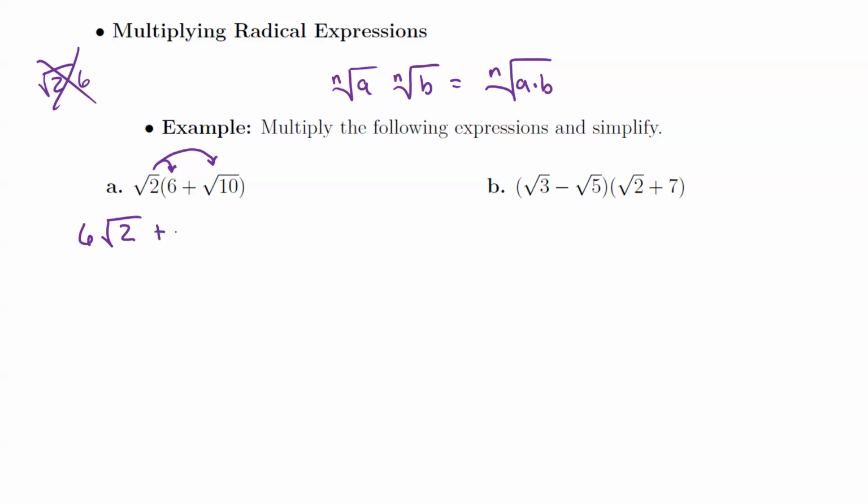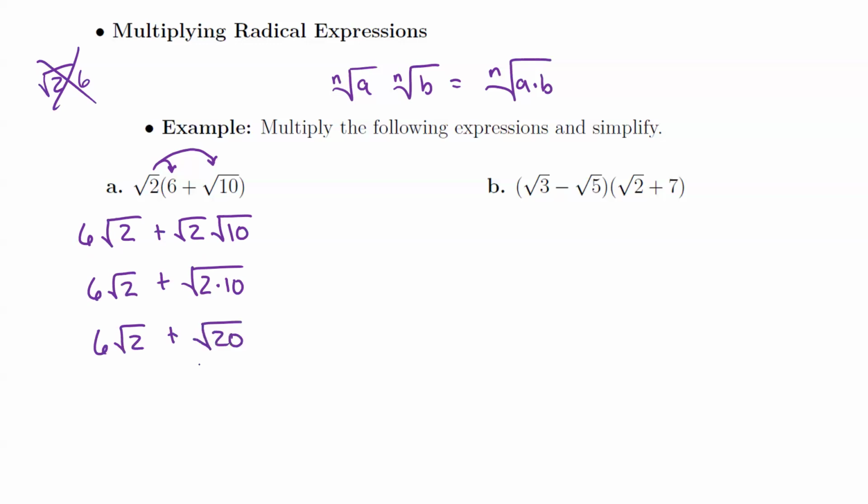And then square root of 2 times the square root of 10. All right, but remembering this property, we know that we can put these two together, right? And say this is the square root of 2 times 10, which of course is the square root of 20.